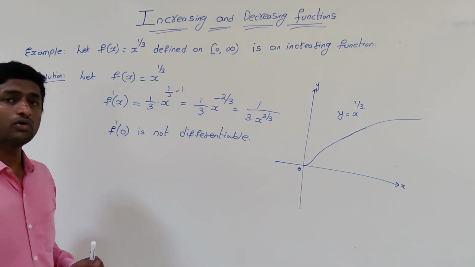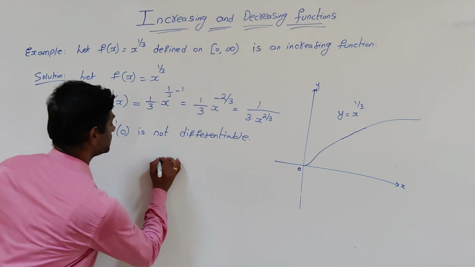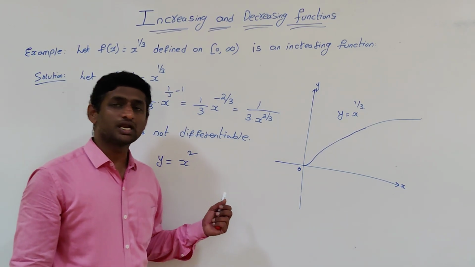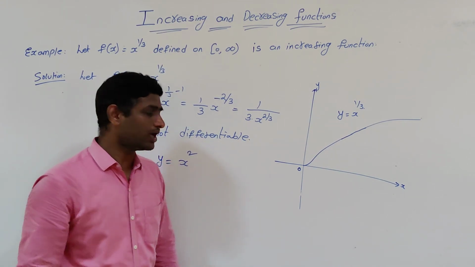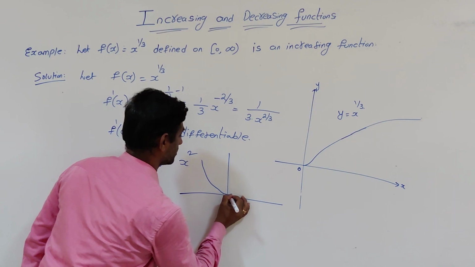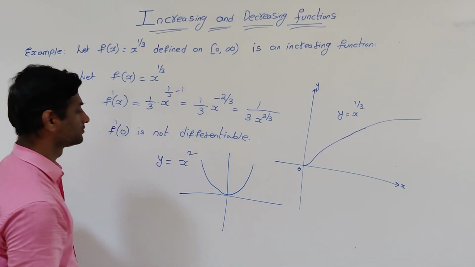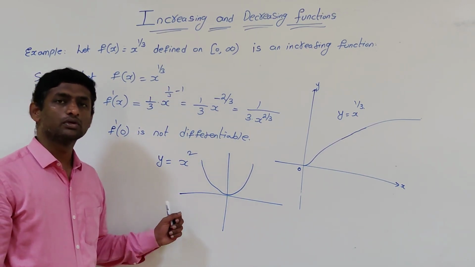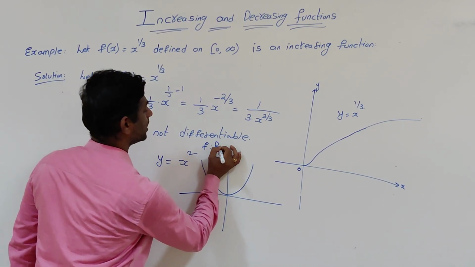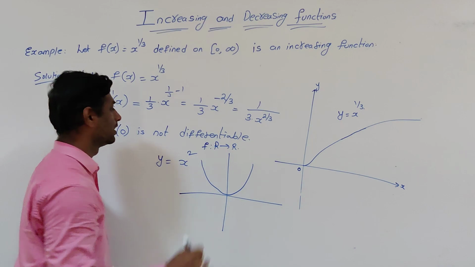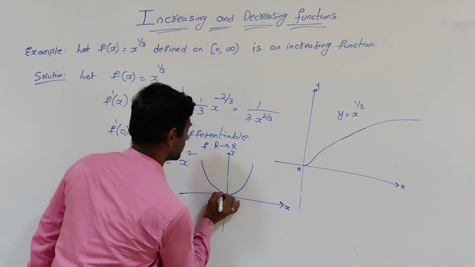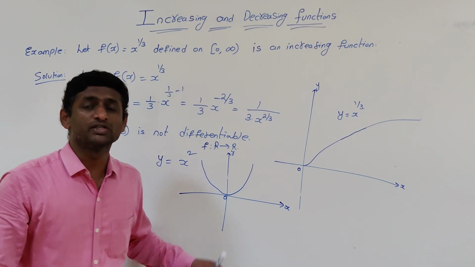Next, we'll go for one more example. That is, if I consider y equal to x square, as the graph is well known, which is a parabola defined on R, meaning the function f is mapping from R to R. Now, what type of function is it?